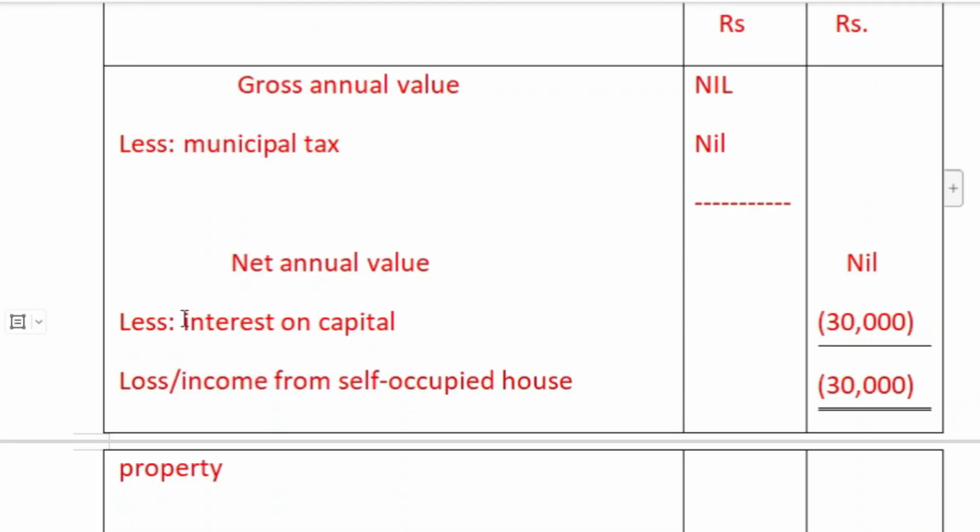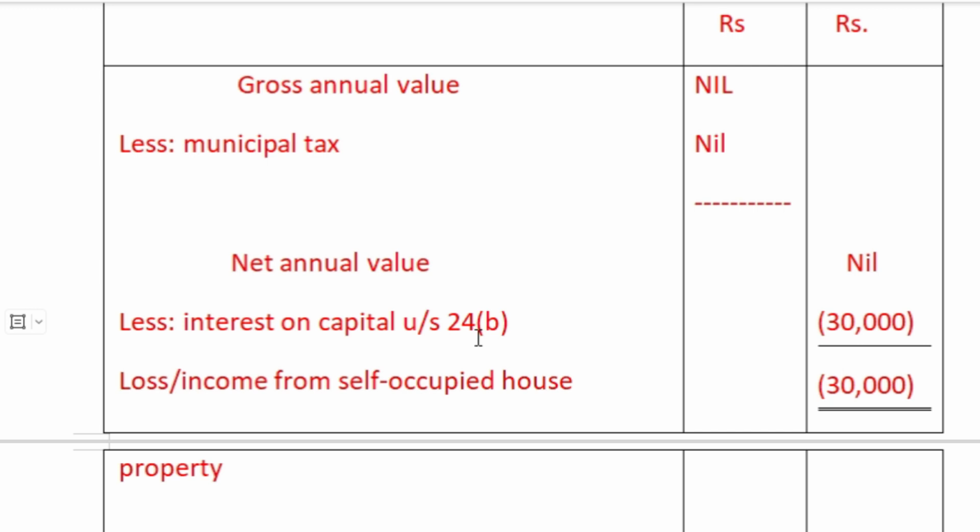So that interest on loan you can write here under section 24 clause B here 30,000. So this maximum interest amount eligible for deduction is 30,000, if the loan amount is borrowed before 1st April 1999.